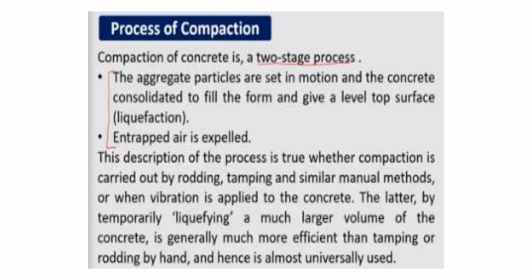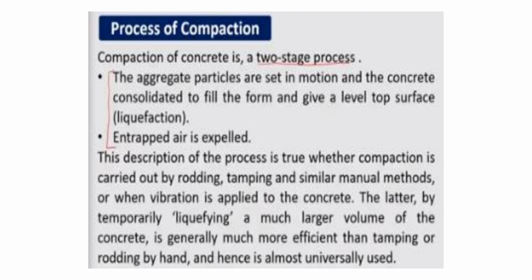So this description of the process is true whether compaction is carried out by rodding, tamping and similar manual methods, okay, or when vibration is applied to the concrete. So basically compaction is done by two ways, one is manual and second is by machine. So manual is rodding, tamping, okay, and other similar manual methods, and the mechanical way is by vibration using some machine, okay.